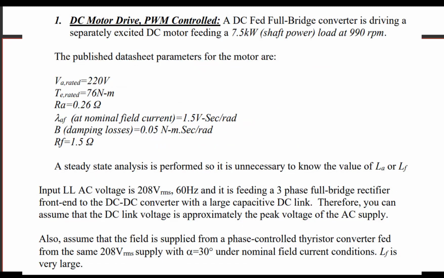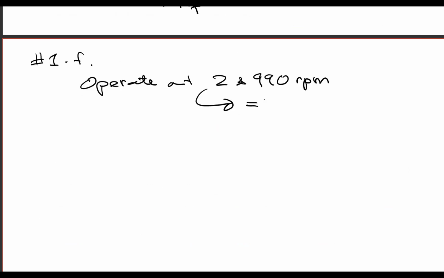The rated speed was 990, so 2 times 990 must be 1980 RPM.